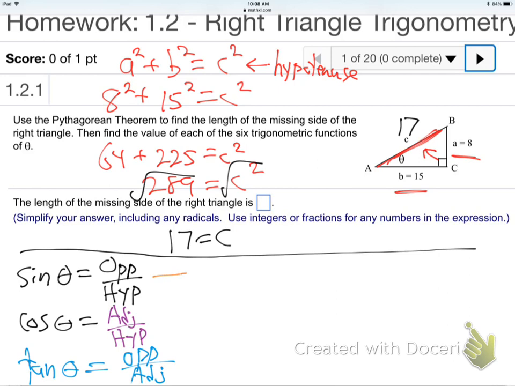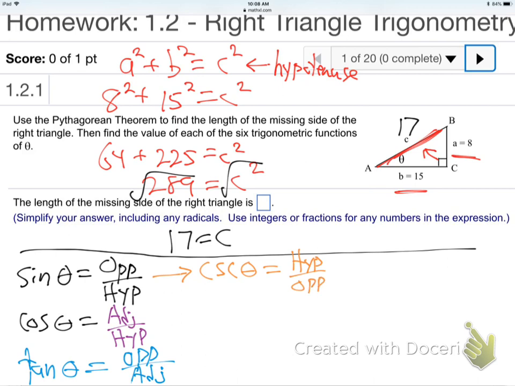So what's the upside down of sine? Does anybody know? It's cosecant. We abbreviate it CSC. Cosecant is just hypotenuse over opposite.